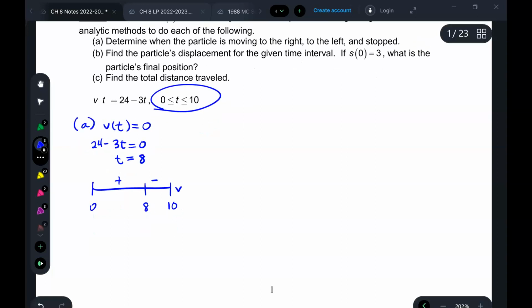So where is it moving right? From 0 to 8. It's moving left from 8 to 10 and stopped at t equals 8.